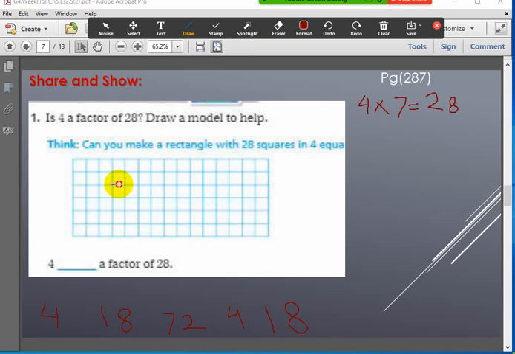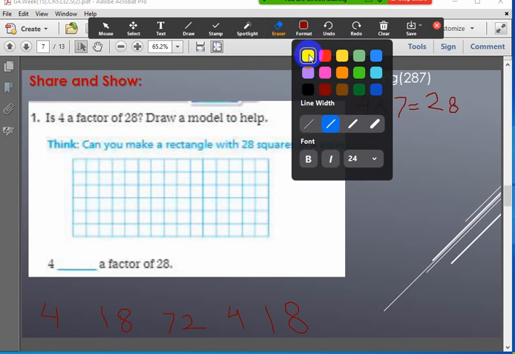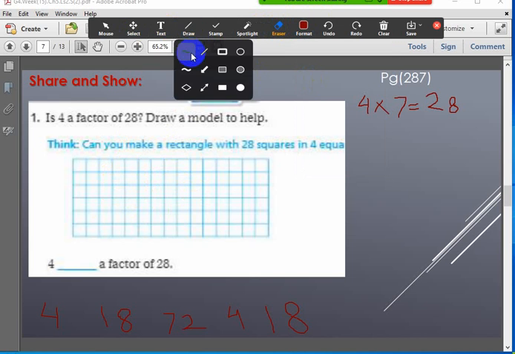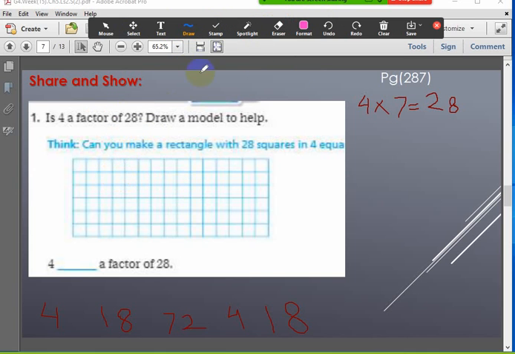That means I have to divide it evenly. Let's see. So this is the first row. Okay, I will use this color. Now I want to divide 28. So let's start. This is the first row here.